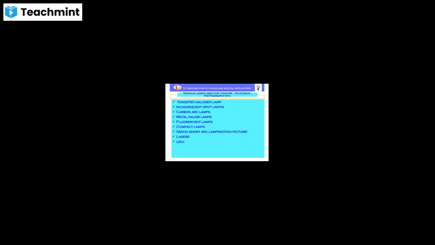According to that, the lamps and the color effects are illuminated on the stage. So these are various reflectors used for photography.